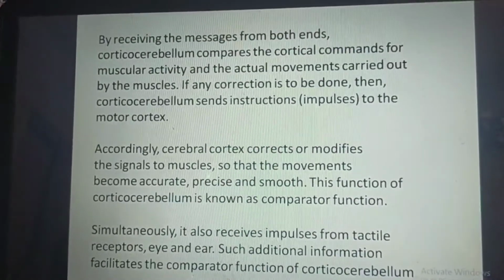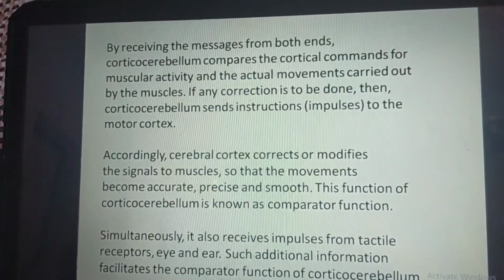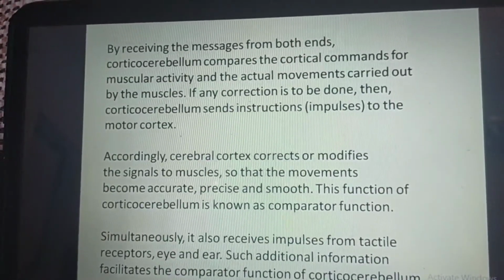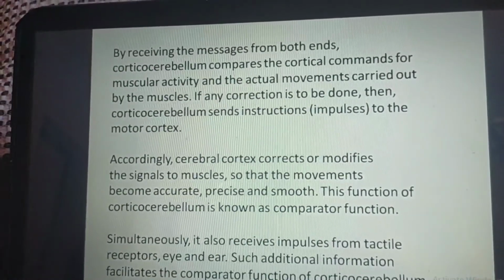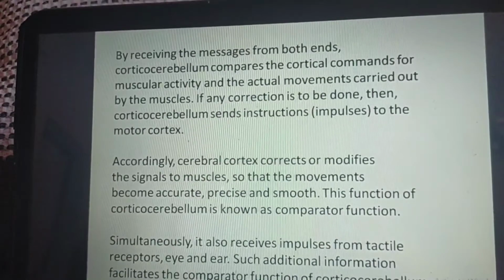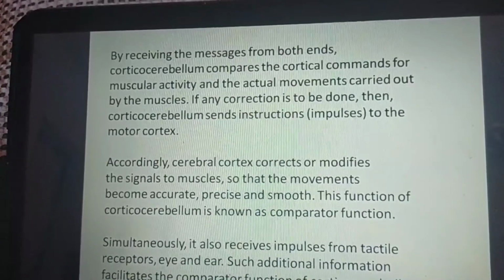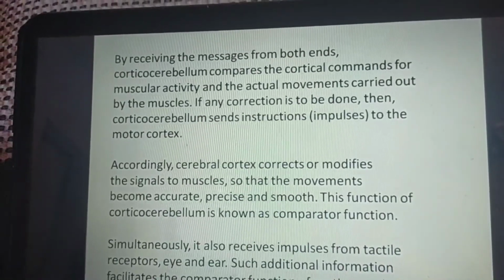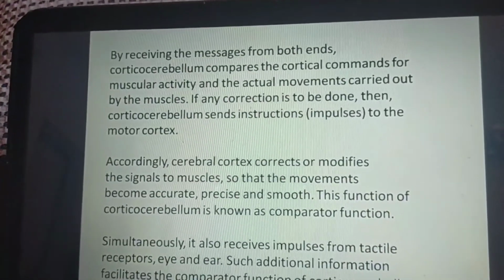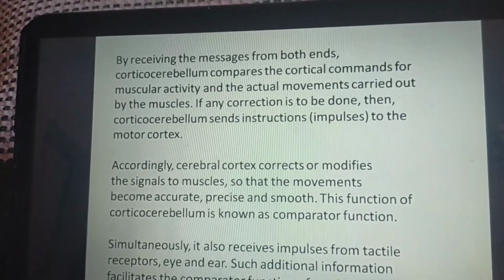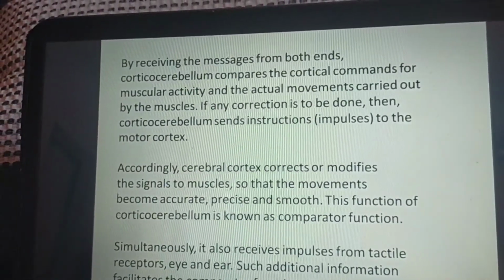The first function is regulation of tone, posture and equilibrium, and it is being done by vestibulocerebellum and spinocerebellum. Vestibulocerebellum regulates tone, posture and equilibrium by receiving the impulses from vestibular apparatus, and spinocerebellum regulates tone, posture and equilibrium by receiving impulses from proprioceptors in muscles, tendons and joints, tactile receptors, visual receptors and auditory receptors.